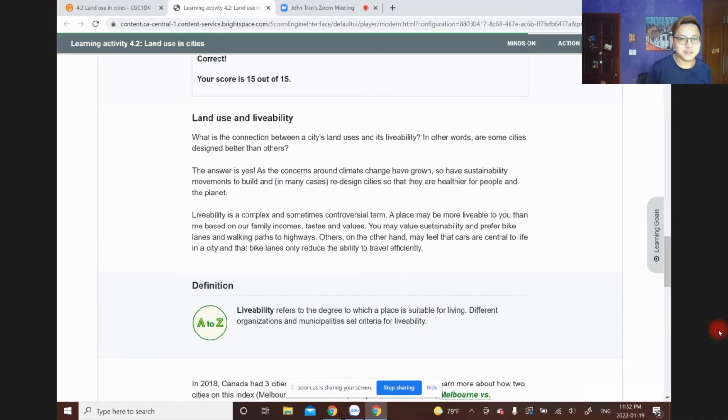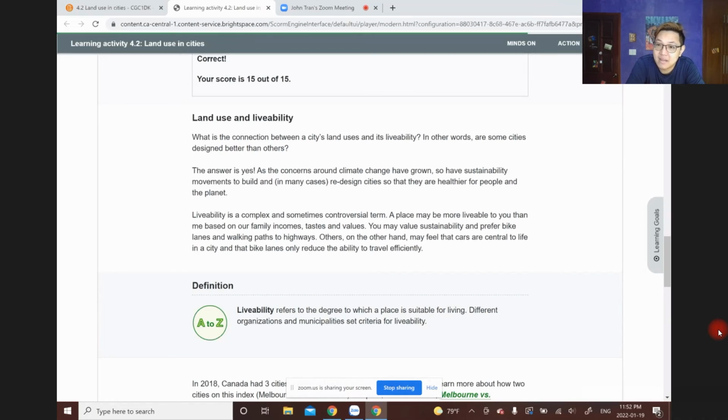So there's a new definition: livability, the ability to live in a place, the degree to which a place is suitable for living. Different organizations and municipalities, which means cities, can set criteria for livability.